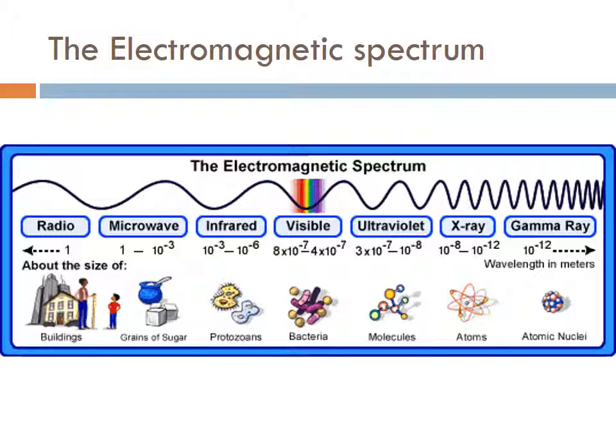So a wavelength greater than 1 millimeter is equivalent to frequencies less than 300 gigahertz. So this category of waves is appropriate for radio communication. Okay, the frequencies that are greater than 300 gigahertz have a wavelength smaller than 1 millimeter.